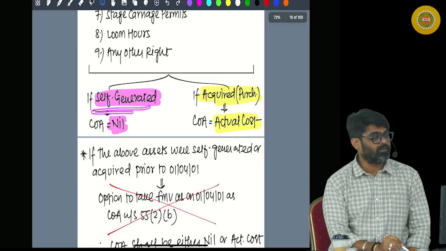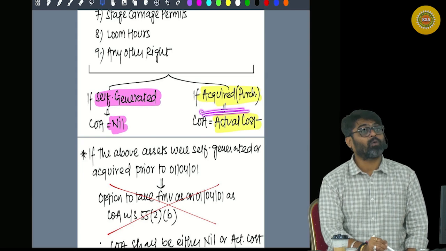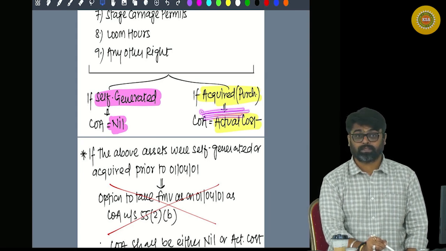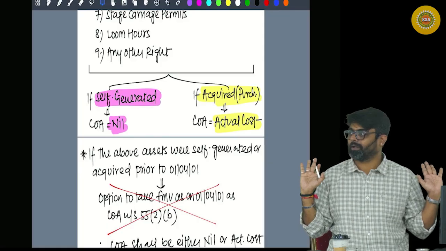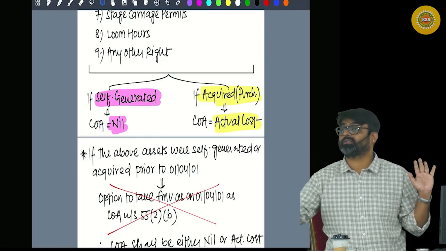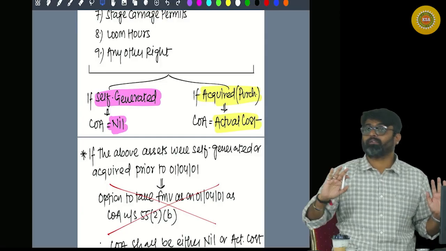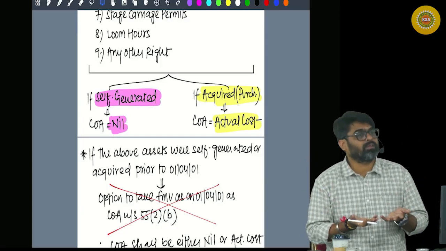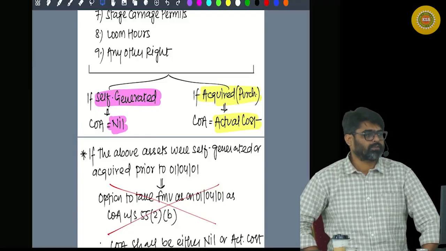If they are self-generated, you will take cost as nil. And if they are acquired, means you have purchased, their cost will be actual cost. Got it, sir? If you self-generate, their cost will be nil. And if they are acquired, you have acquired from someone, then take actual cost.